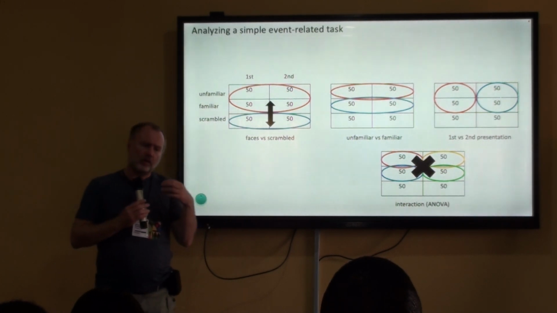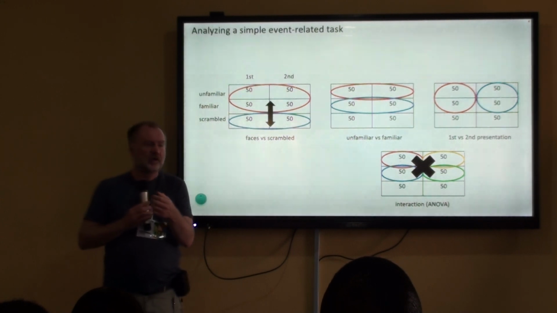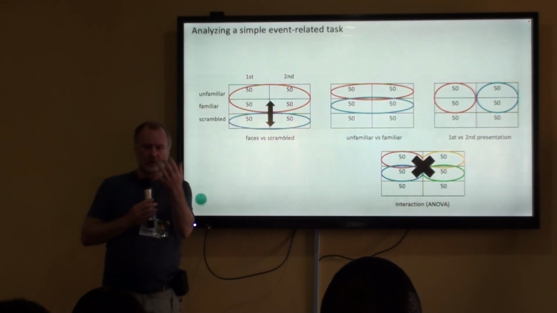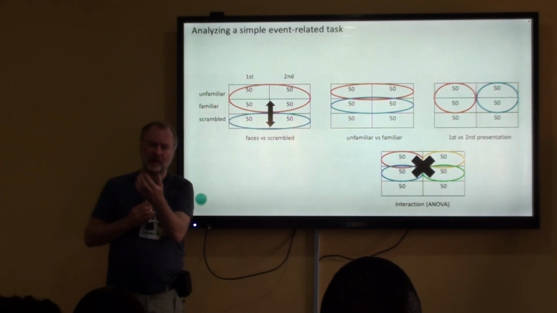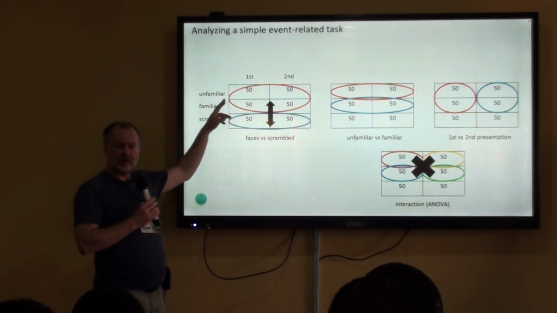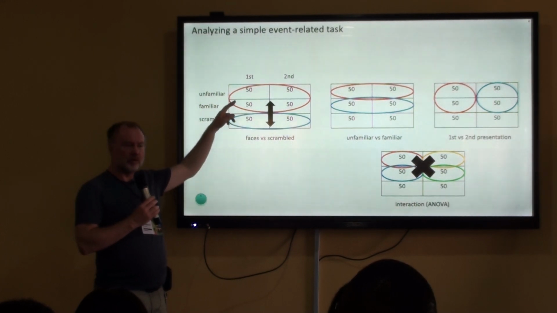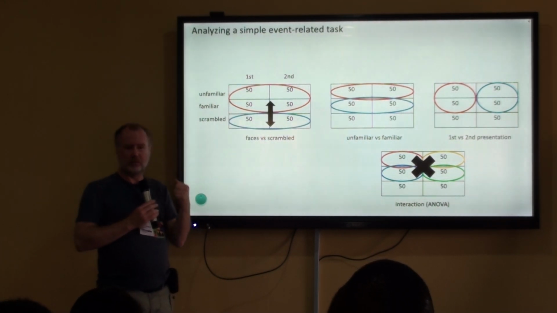We can look at how the brain processes faces versus processing a visual stimulus. This is going to make us sensitive to the face selective areas in the brain. Both of them are going to have activity in the visual cortex, but the important difference is that some of the activity in the visual cortex relates to faces, whereas all of the activity in the visual cortex relates to visual input.